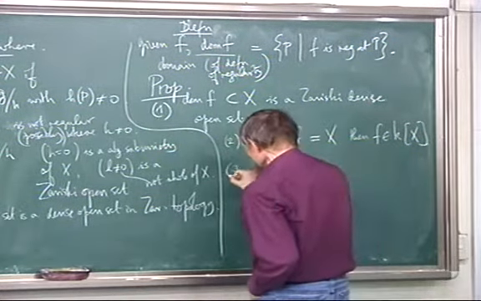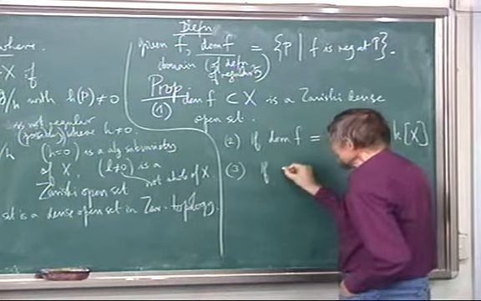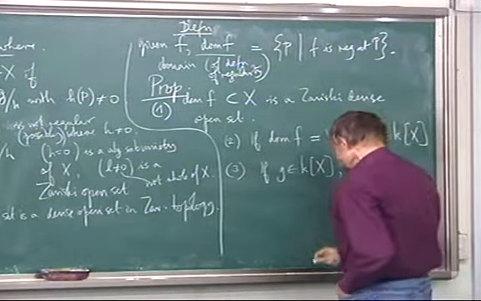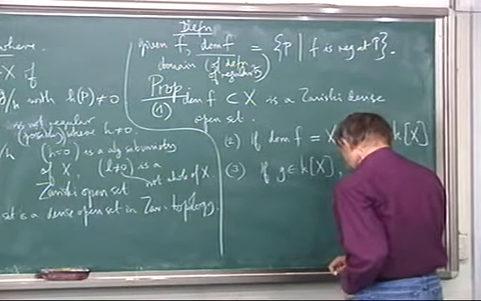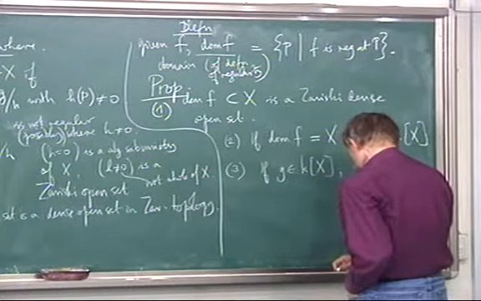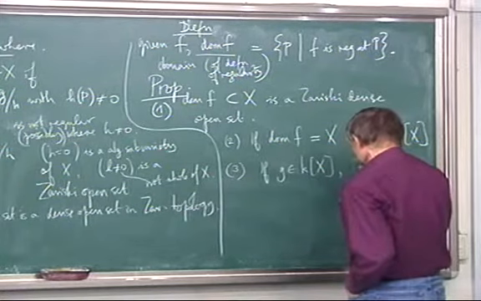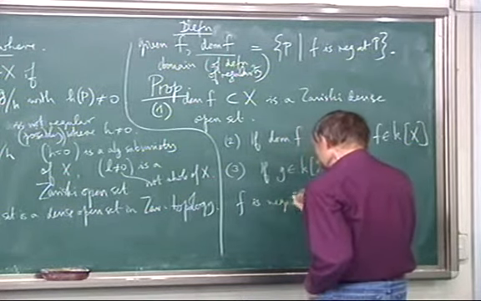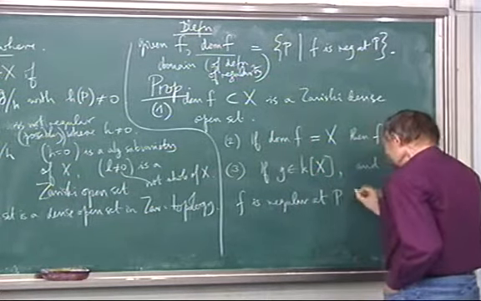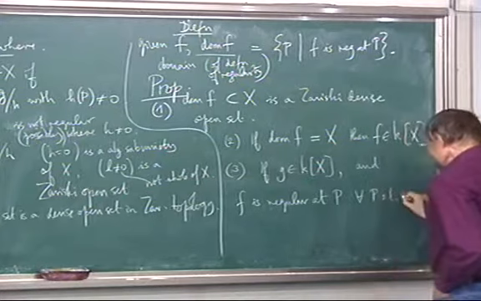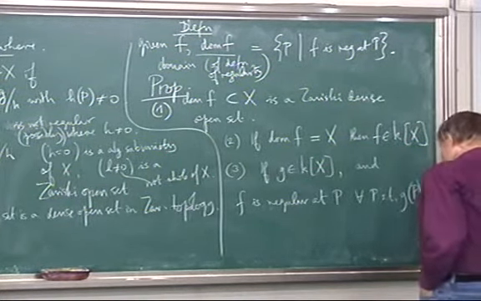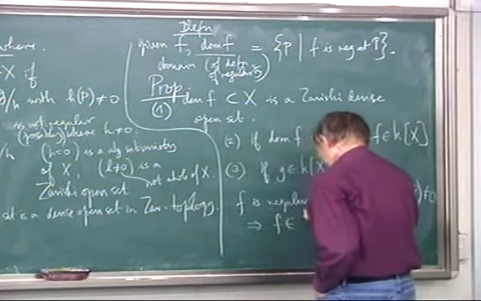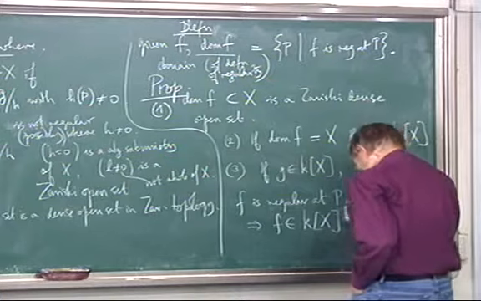And there's a third statement here which is also convenient to say. If g is in K of X and f is regular at P for all P such that g of P is not 0, then f is in K of X, 1 over g.